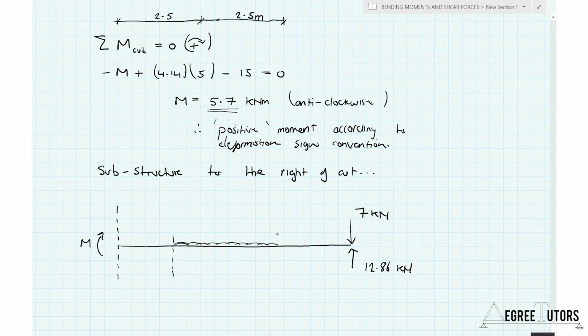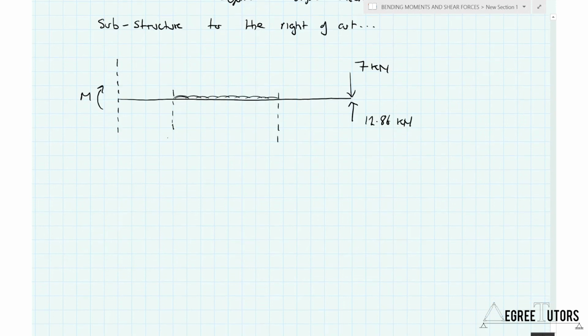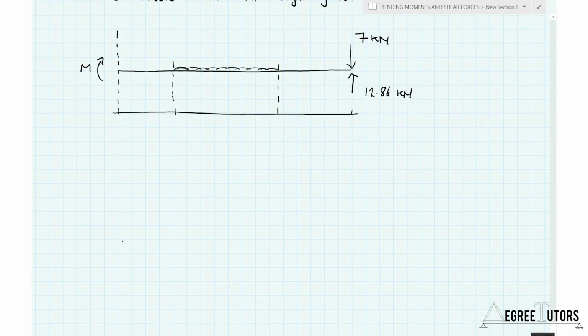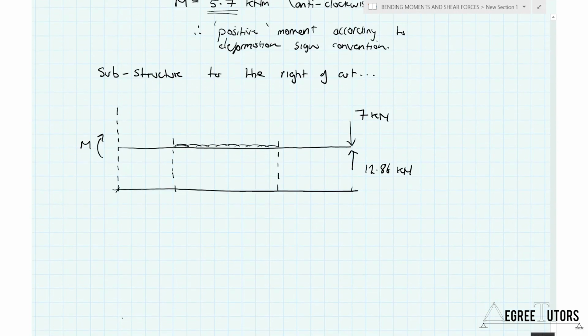Let's put on some dimensions here. So we have 2.5 meters, 5 meters, and 2 meters. Again, it's obviously woefully out of scale, but that doesn't really matter.